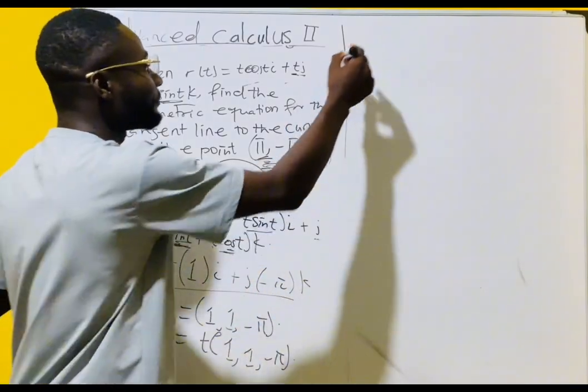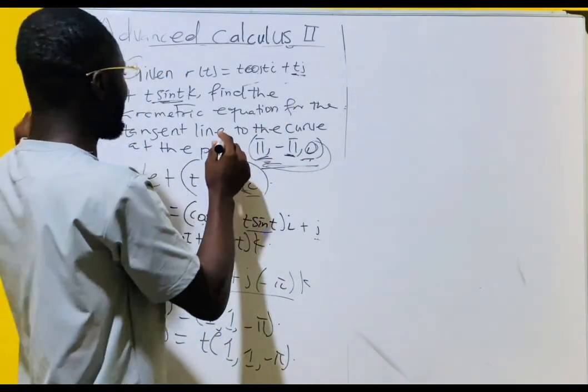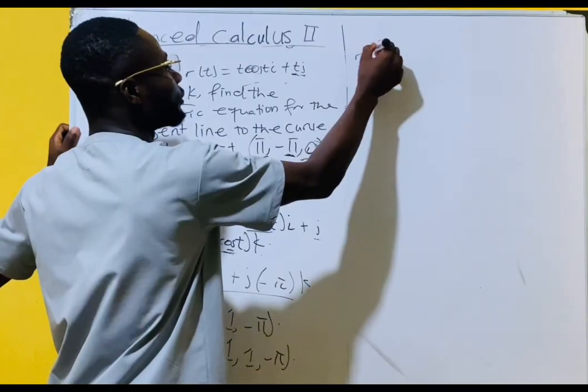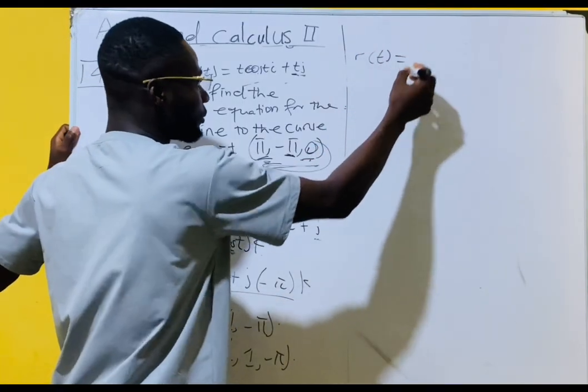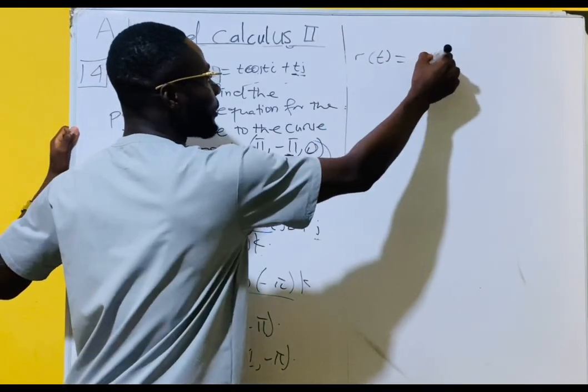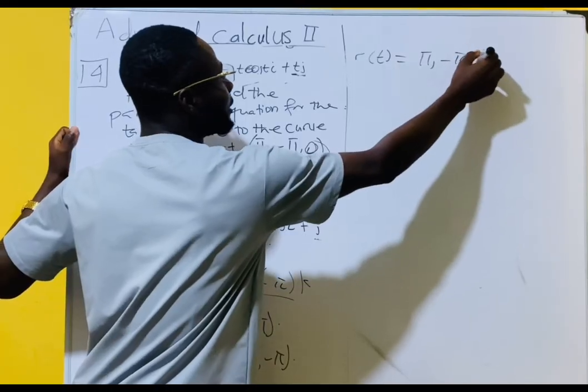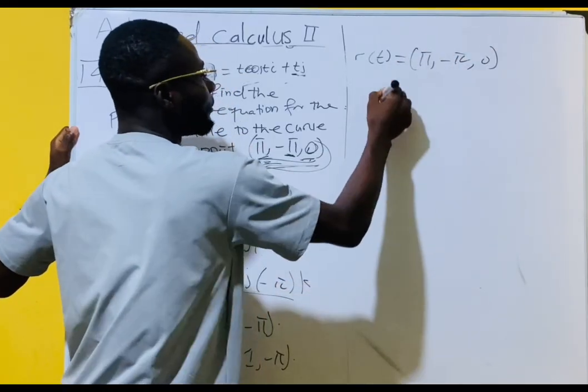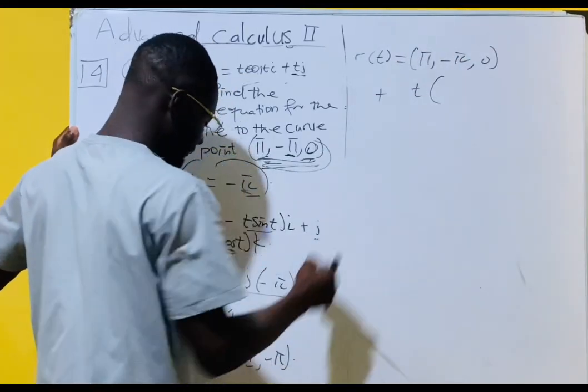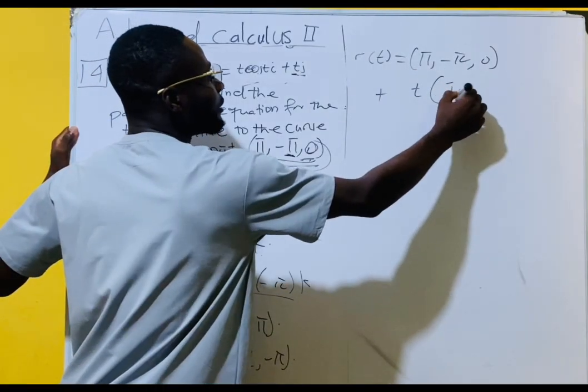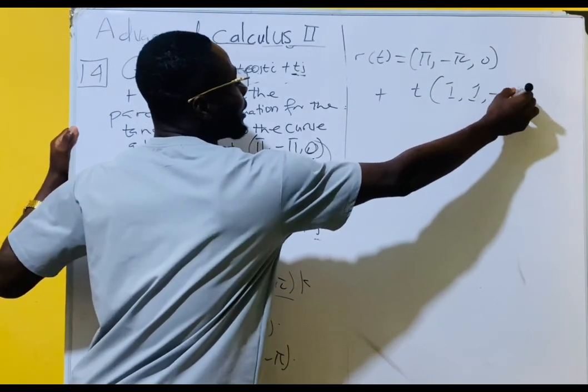So we're going to have our parametric equation equal to the initial point, which is pi, negative pi, 0, plus t of 1, 1, negative pi.